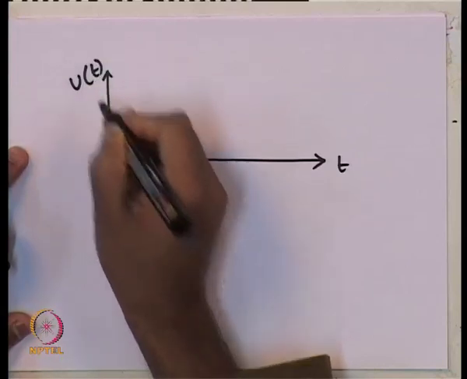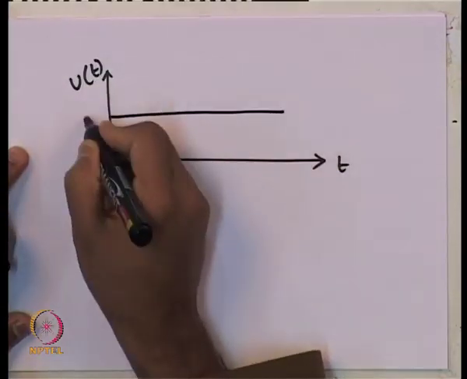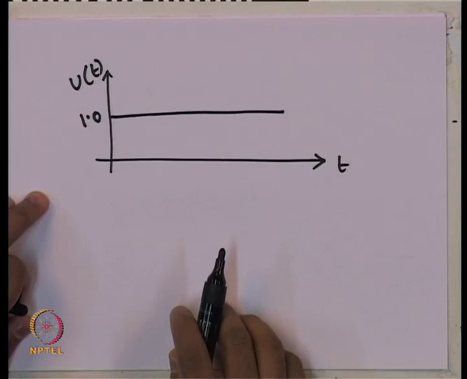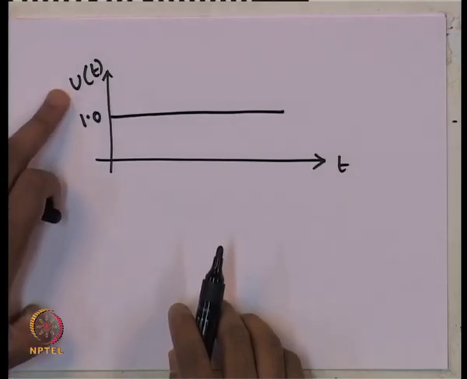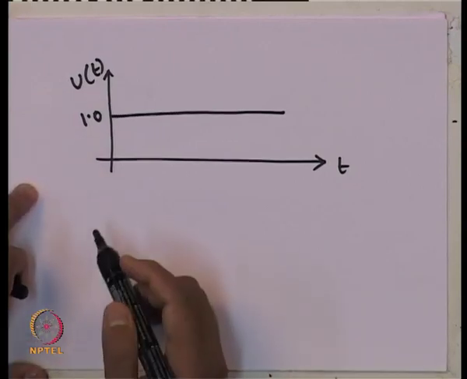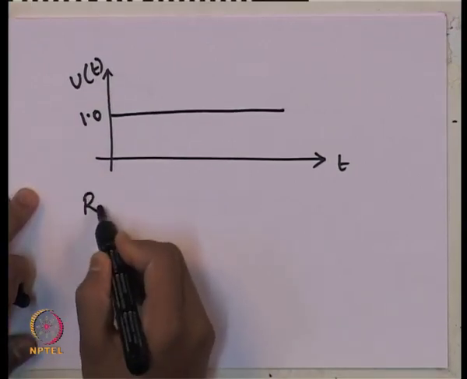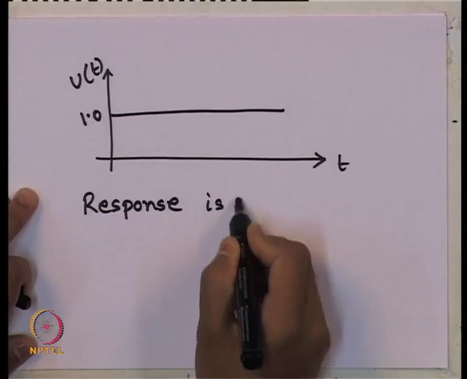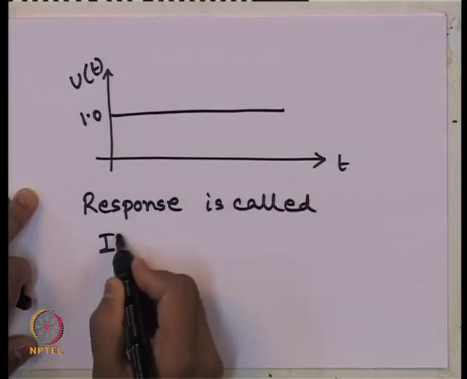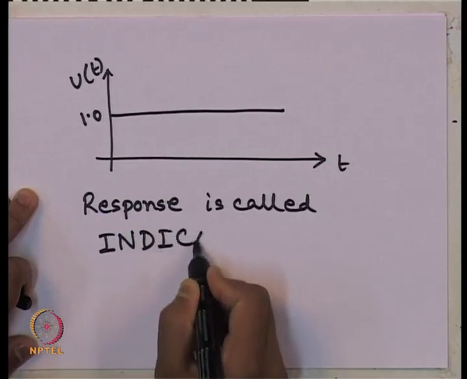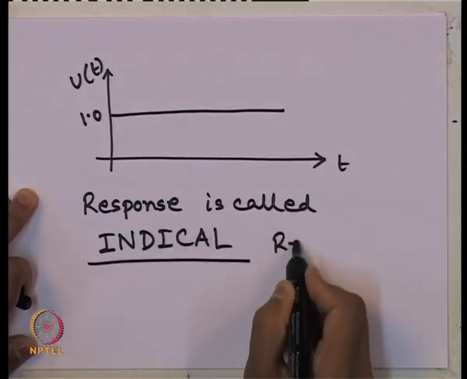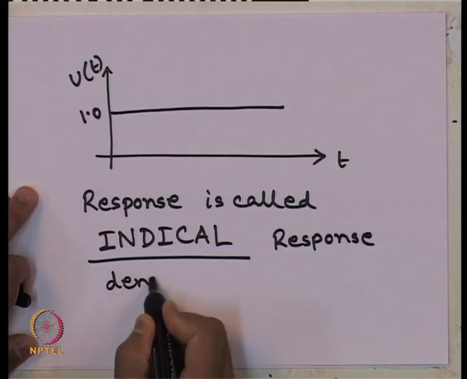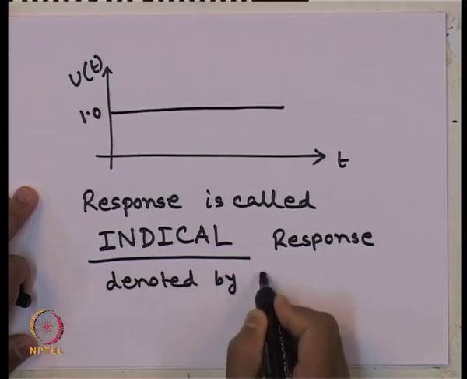If we have u of t, which is nothing but a unit load acting constantly with respect to time, that we have expressed as the Heaviside step function, u of t, in that case the response we get is called the indicial response, and mathematically it is denoted by g of t.